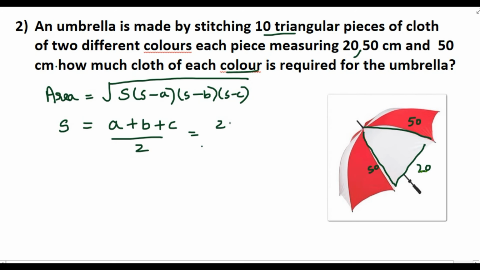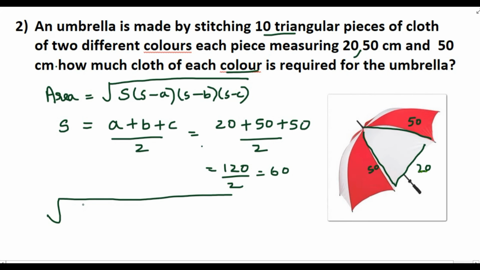which is equal to 20 plus 50 plus 50 divided by 2. 120 divided by 2 is 60. Now we will substitute in the formula: 60 into 60 minus 50 into 60 minus 50 into 60 minus 20.